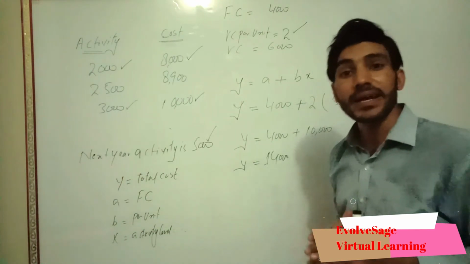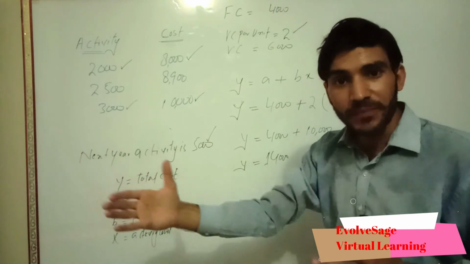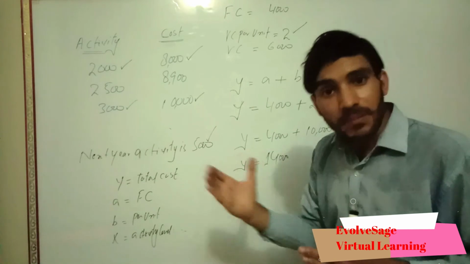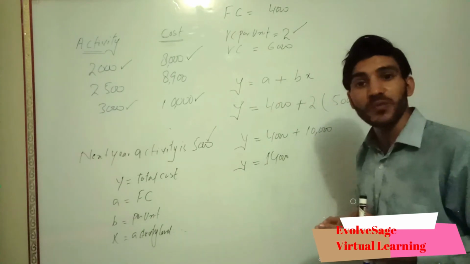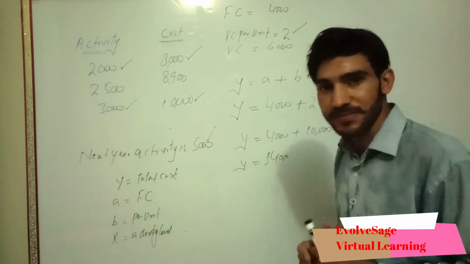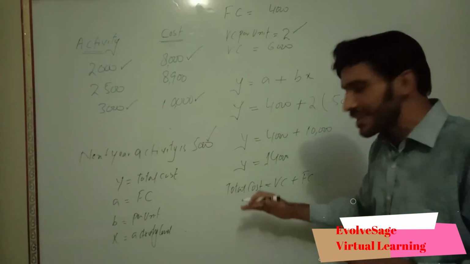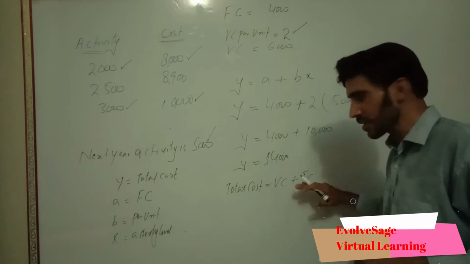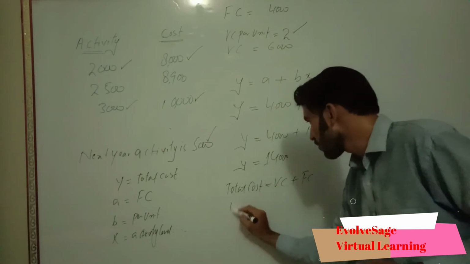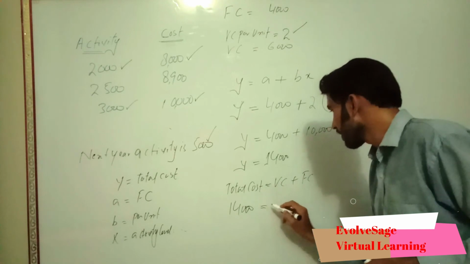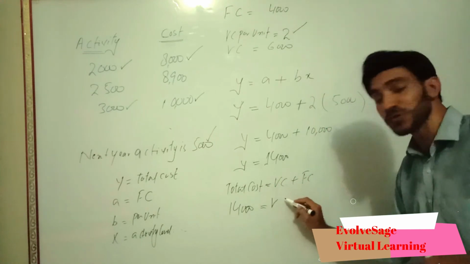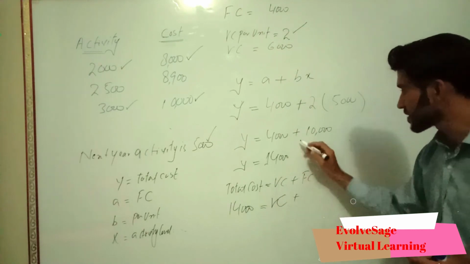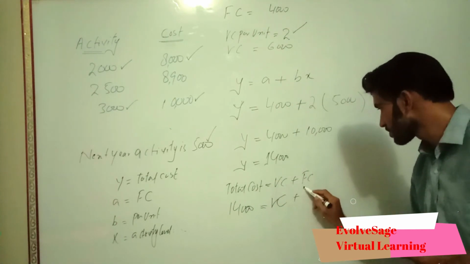Now we will calculate our variable cost. We already know our fixed cost, but we do not know our variable cost. So how can we calculate it? Let's do it. Our total cost is equal to variable cost plus fixed cost. So total cost is 14,000, and variable cost we do not know, we have to calculate it, and fixed cost is 4,000.